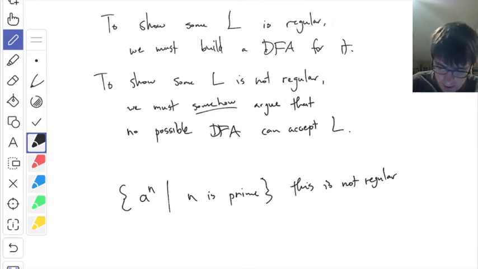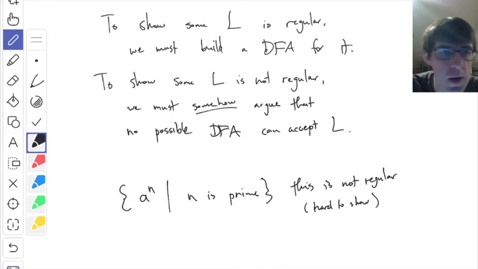But this is hard to show. It's not obvious at all that that's not regular. And I think I said another example, some string of A's and B's where the number of A's is the same as the number of B's. That also is not a regular language. I said that a few times ago.